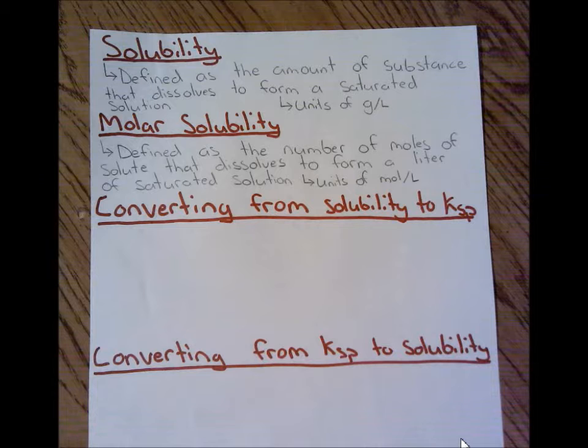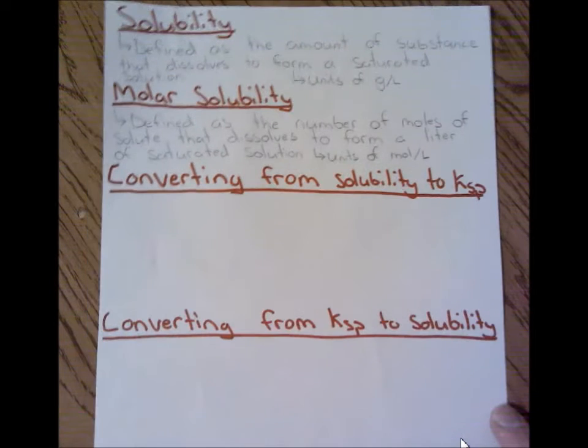A large KSP means that a lot of solid will dissolve in a saturated solution, and a smaller value, and again, I'm talking 10 to the power of negative 10 and things of that nature, means that we will have less solute dissolve in that saturated solution. So let's go over the steps for how to do this, and then we will actually go through the process in the next couple of problems.